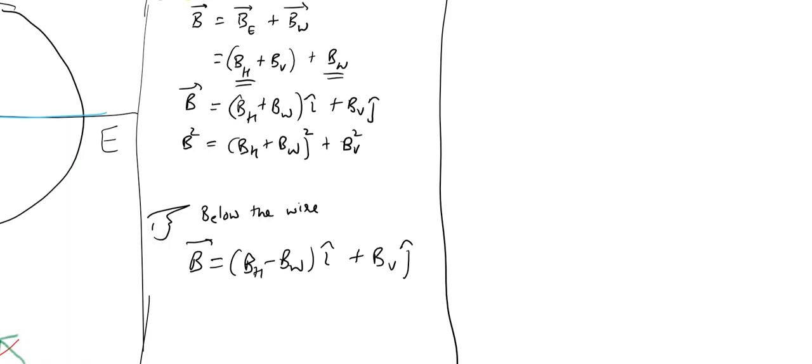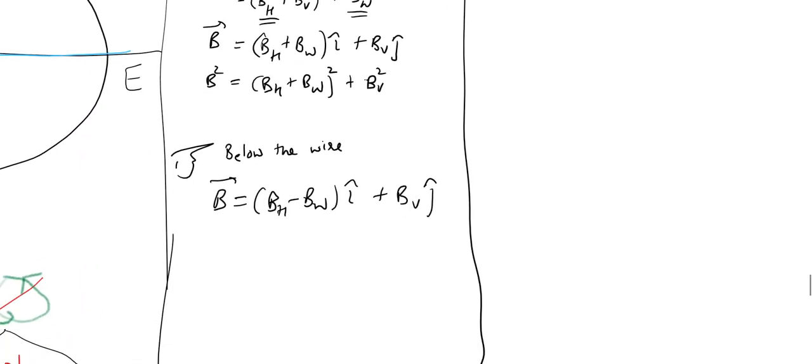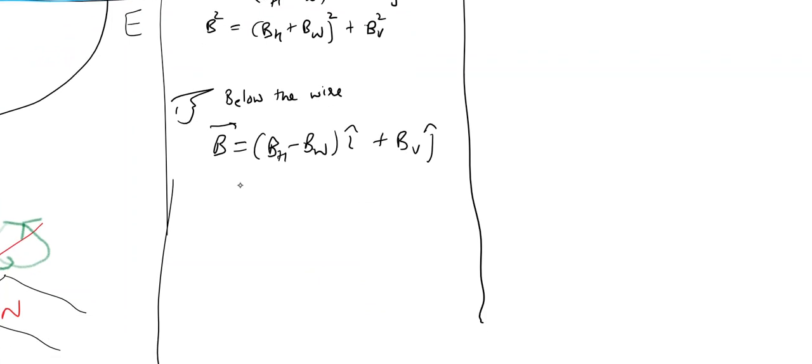Be careful, i cap j cap is just to show that the two components are in different direction. It can be any other direction. Here I am considering horizontal component along x direction, vertical component along y direction. And then the resultant field, let it be B prime, is (BH minus BW) whole square plus BV square. Let this be result 1, let this be result 2.